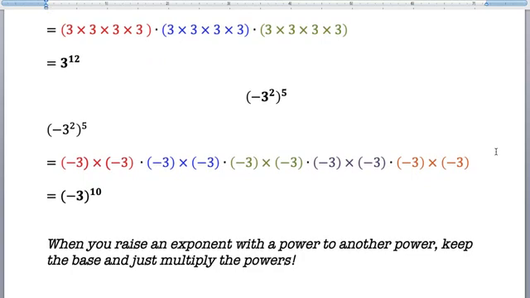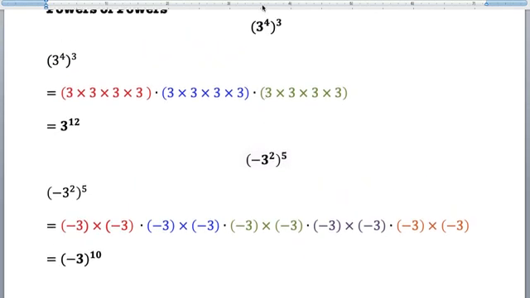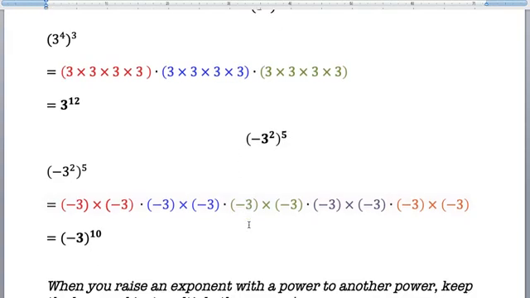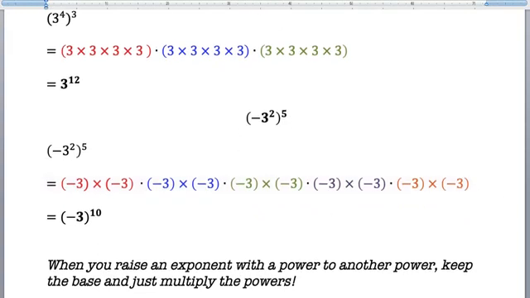When you raise an exponent with a power to another power on the outside, you keep the base number and you just multiply the powers. So in this case, it was 4 times 3, which was 12, and 2 times 5, which was 10. Pretty scary looking problems, but very easy shortcuts to follow to make your lives easier.